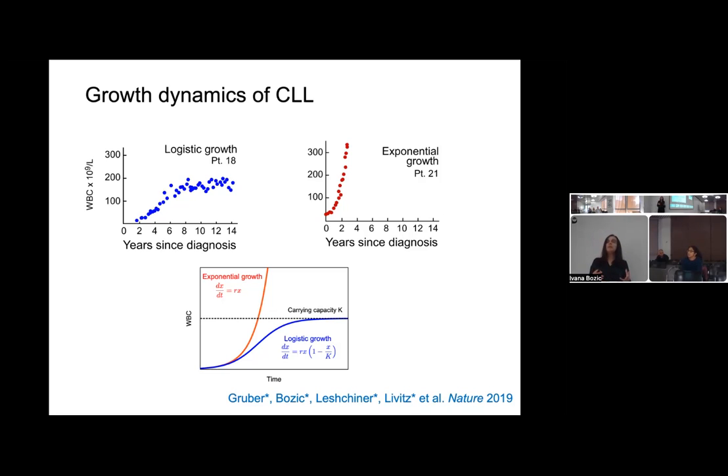However, even before we looked into that, we looked at the white blood cell count as a measure of tumor burden and saw something very interesting for me as an applied mathematician or a mathematical biologist, and it was that in many patients, the white blood cell counts followed these two very well-known simple growth curves, namely exponential and logistic growth. And it's super exciting looking at patient data to see anything that makes sense. So this was very exciting, and we wanted to see, well, is this really happening in patients, and does it correlate with anything that we care about?